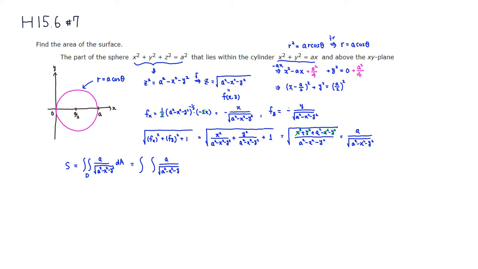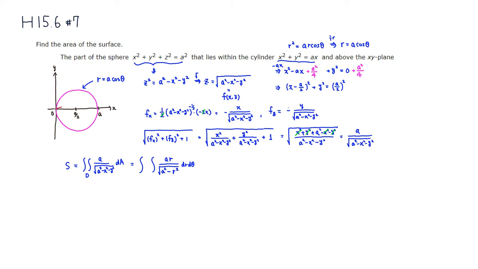Actually, we have to rewrite that, since x squared plus y squared is r squared, so we can write it as minus r squared. Then the area element is r dr d theta.